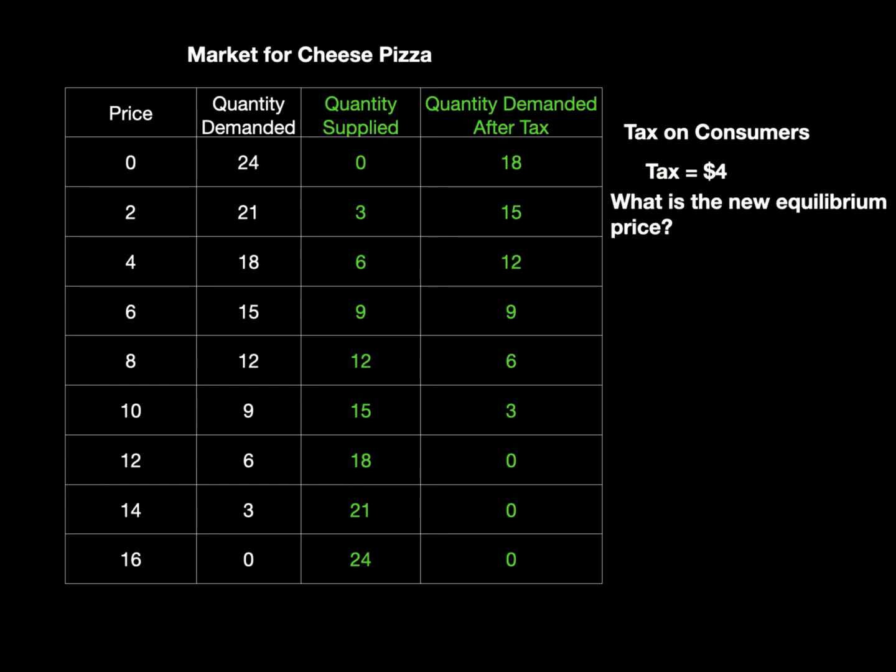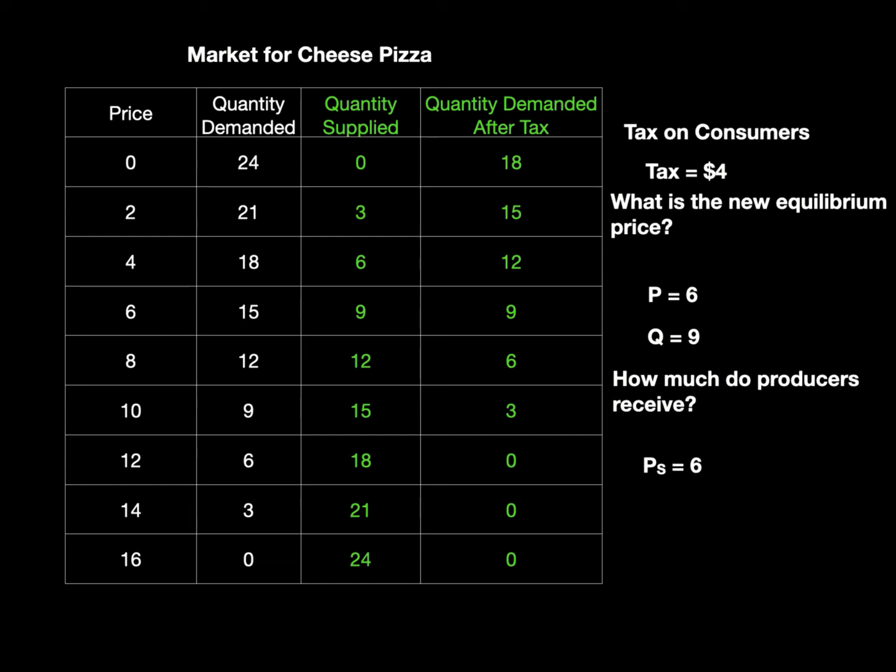What is the new equilibrium price? Quantity supplied equals quantity demanded of 9 when the price is $6. How much do producers receive? The market price of $6 is paid to producers.